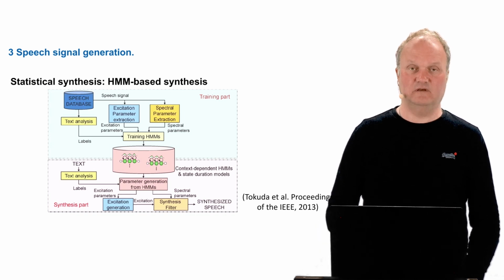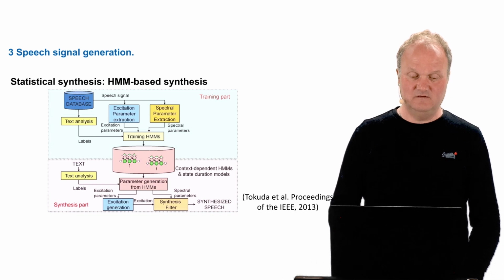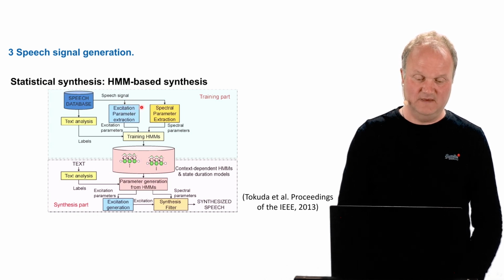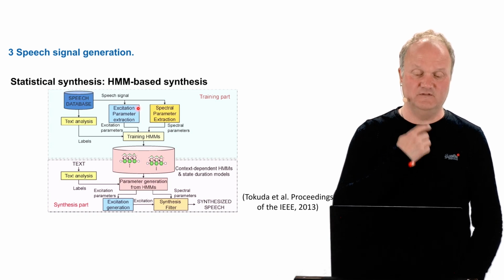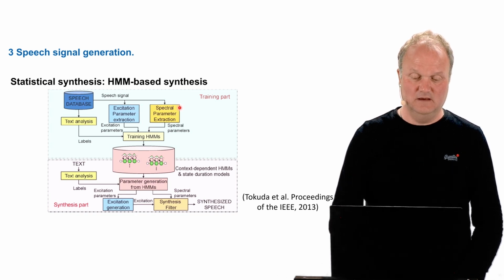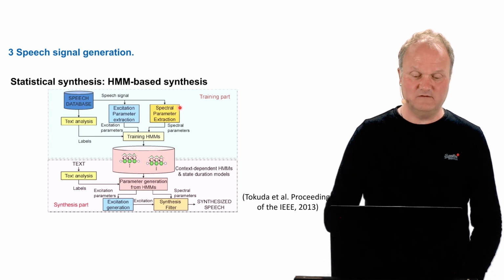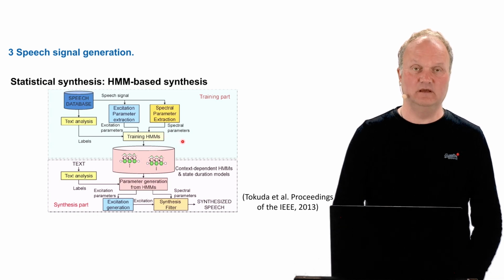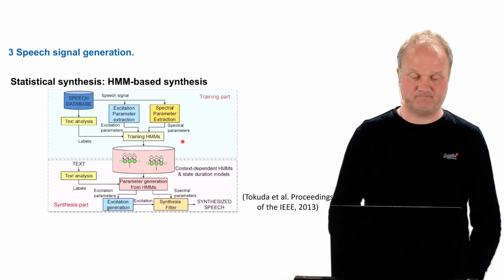In the training process, a large speech database is used in order to find context-corresponding parameter values, that's in this upper part here, both for the excitation, or the voicing part, and the vocal tract, the shaping part. And at the same time, the corresponding input labels are extracted from the speech data. And with all that combined information, a hidden Markov model is trained.